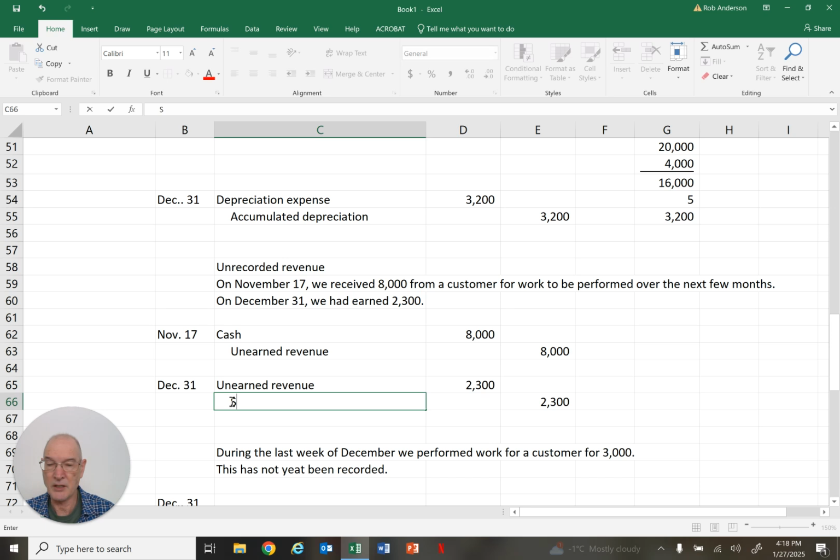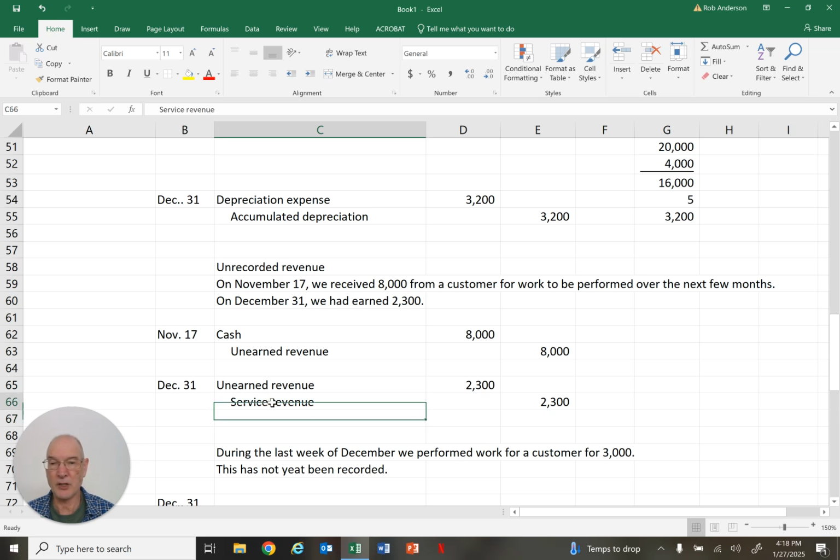So I'm just going to say, for example, service revenue. So now we have brought our income statement up to date by adding to our revenue account, and we brought our balance sheet up to date by reducing the liability. And notice, the difference on this is now $5,700 because we now have paid off some of it through work.